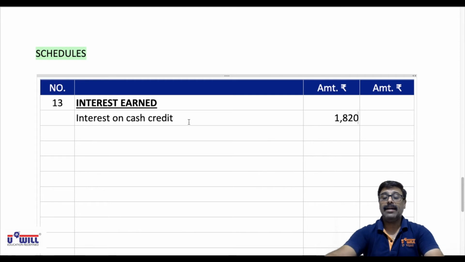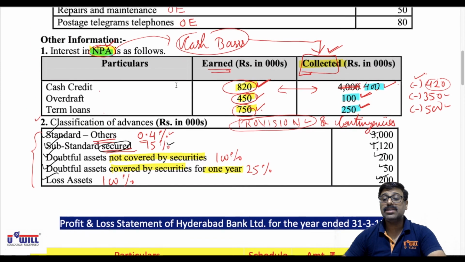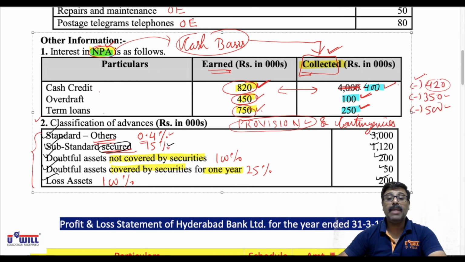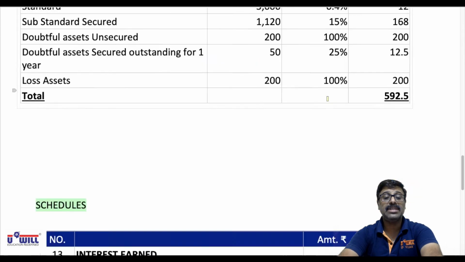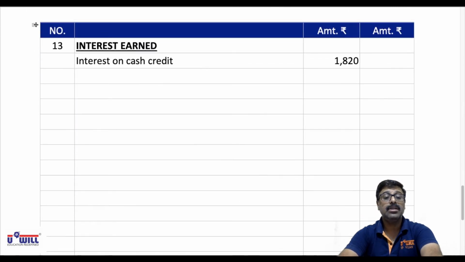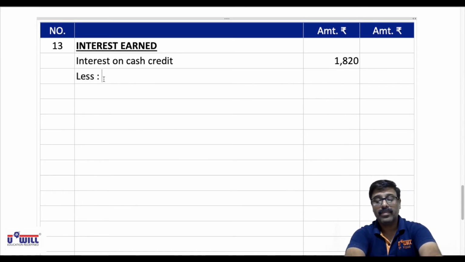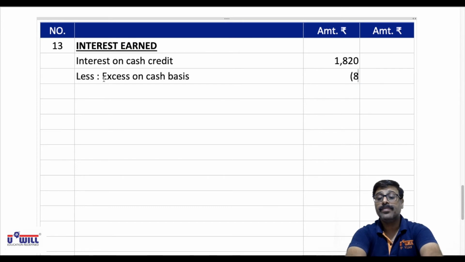Now from that, as we discussed, we have to minus the extra amount of cash credit which is included, as on cash basis we were supposed to take the items. So from that we will subtract excess on cash basis 420 rupees. So in the outer column you will get 1800.